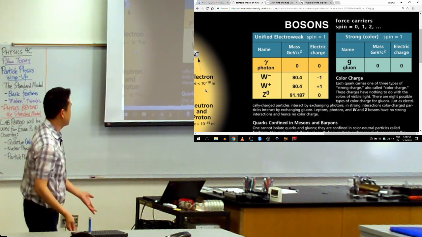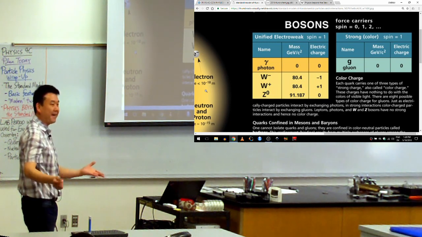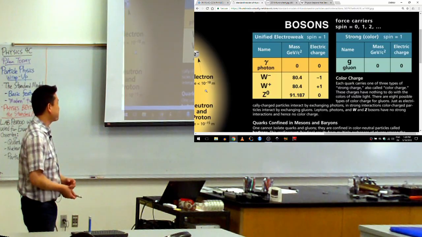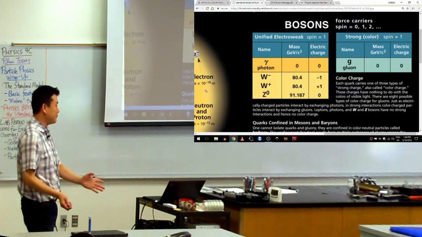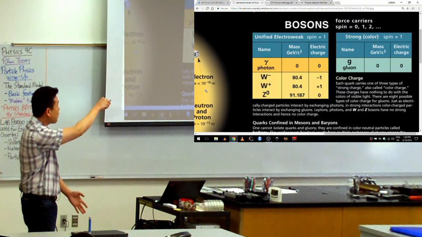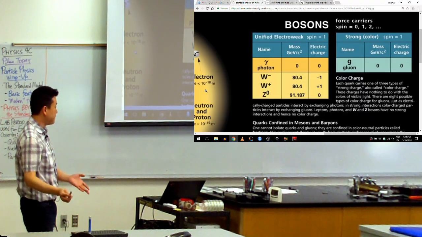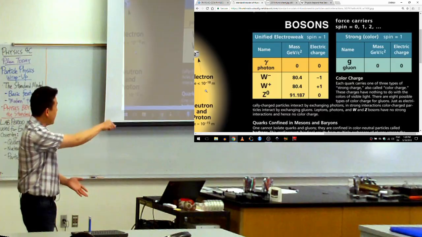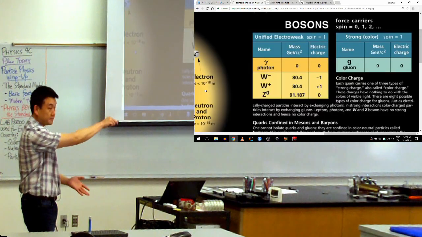So in the kind of Pangea theory of particle physics, the very original picture is that they are comparable to each other. They are all massless. But there's a mechanism that broke the symmetry and gave these particles mass.